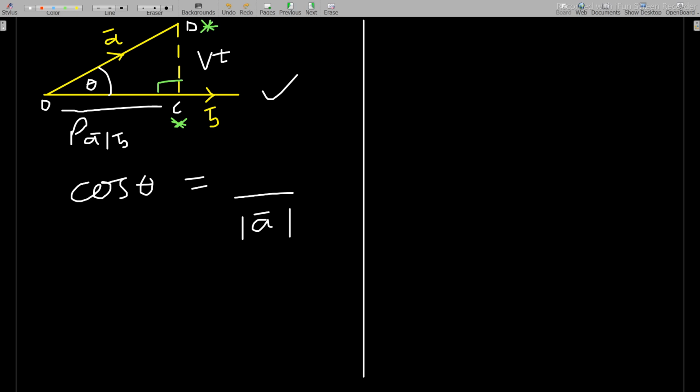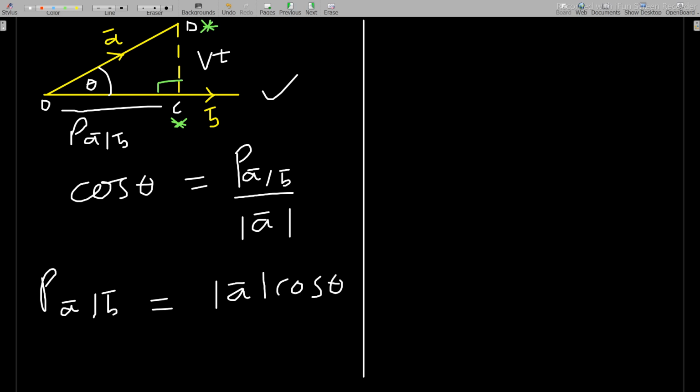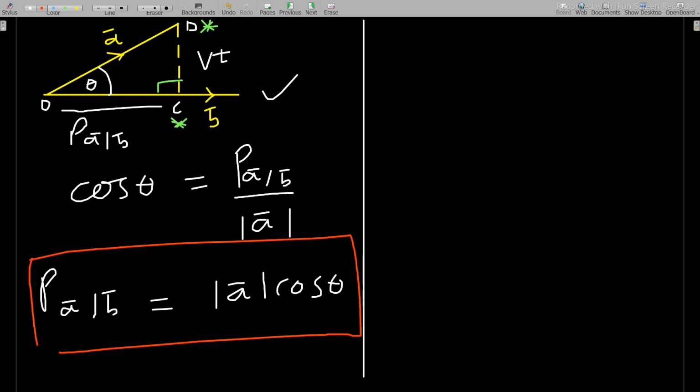So projection of A onto B would now be equal to magnitude of A cos of theta. Now I hope you get this. So this is what you should know. That's the first formula we'll use here. I hope you get this.